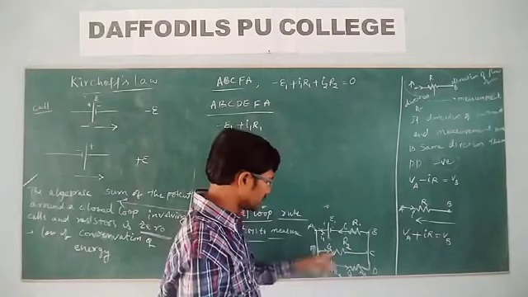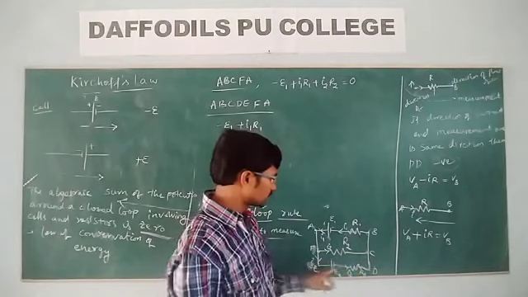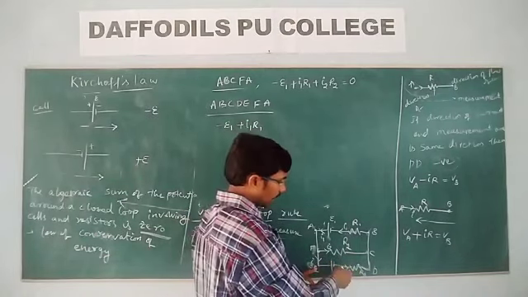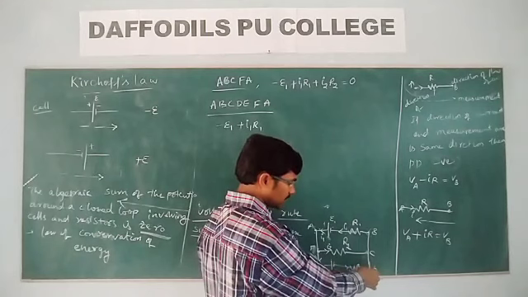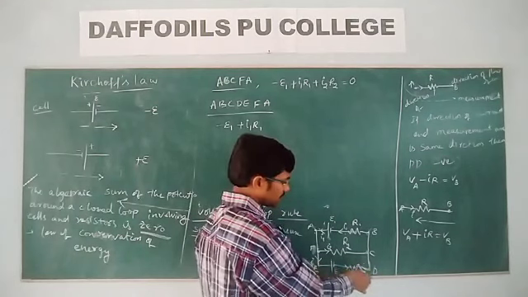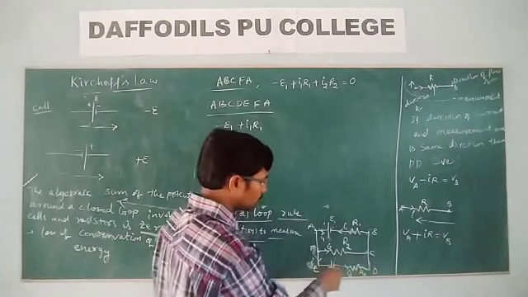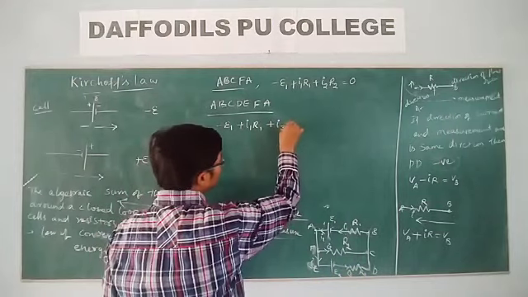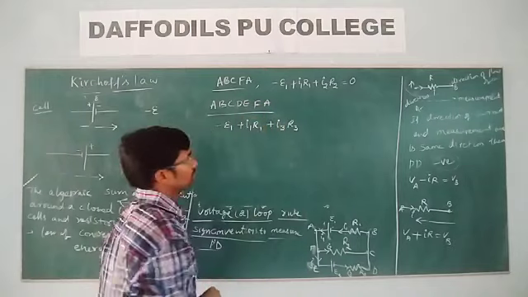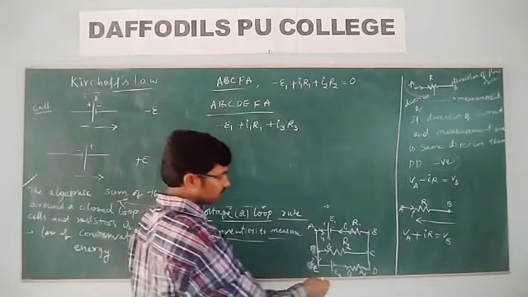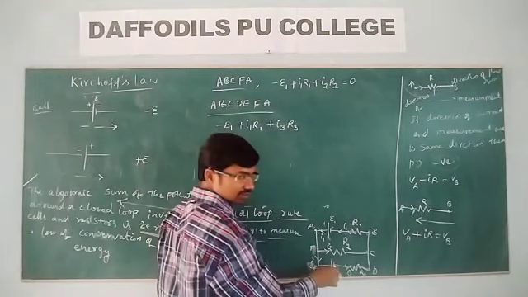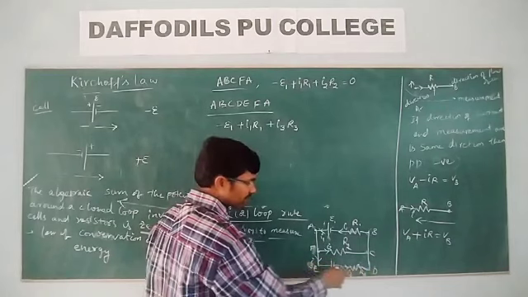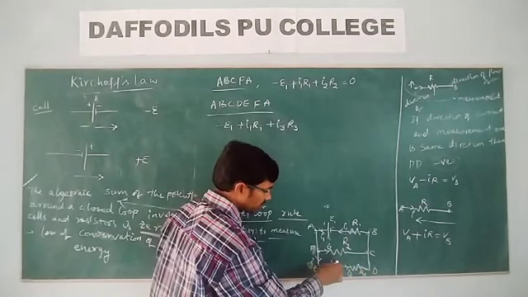Then D to E again we have a resistor. From D to E, the current is going from E to D, but we are measuring from D to E. Then this is in the opposite direction. Then what is the potential difference across that? Plus I3 R3. Now again you see that the EMF of this side is E2, but we are measuring from D to E. First what did we get here?